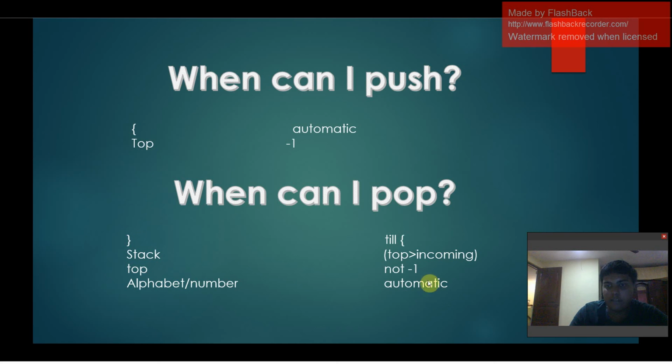Apart from that, certain things are also important. Apart from this, equal priority. Suppose I have plus and minus together. At that time what will you do? The plus on the left side should be considered first. In that case, there is one operator, the arrow mark, that alone is right shift.